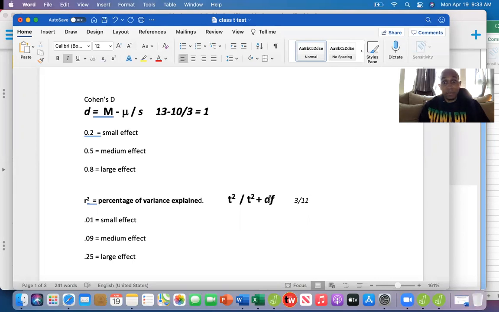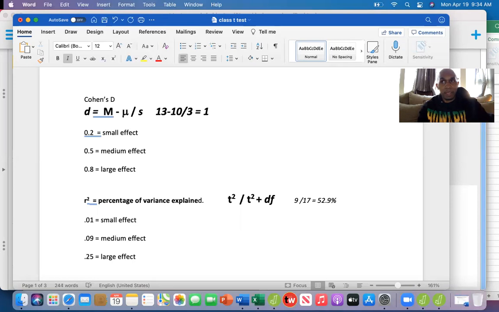Well, first we need to take T and make it T squared, right? So that's actually 9 divided by 9 plus 8. So that's 9 divided by 17. And that gives us 52.9% of the variance is explained by the treatment effect.